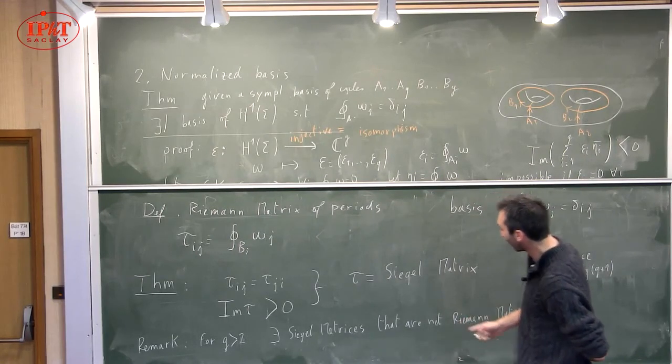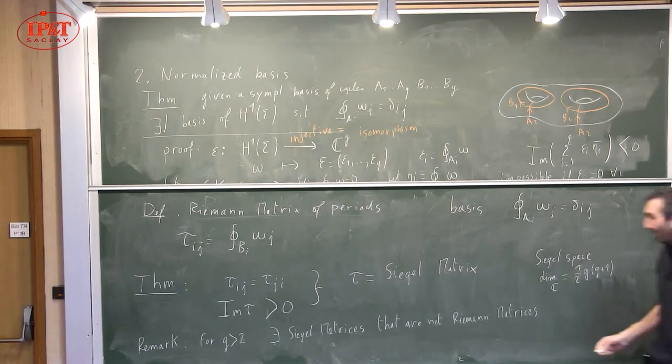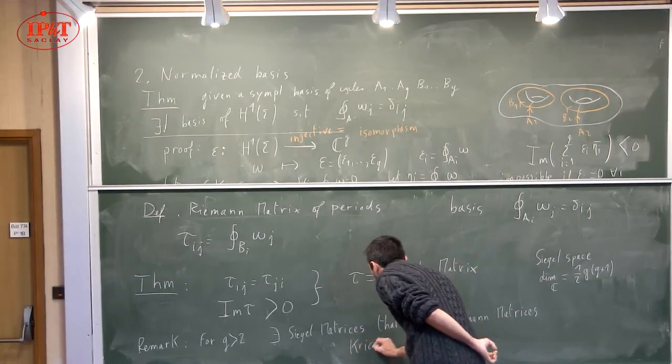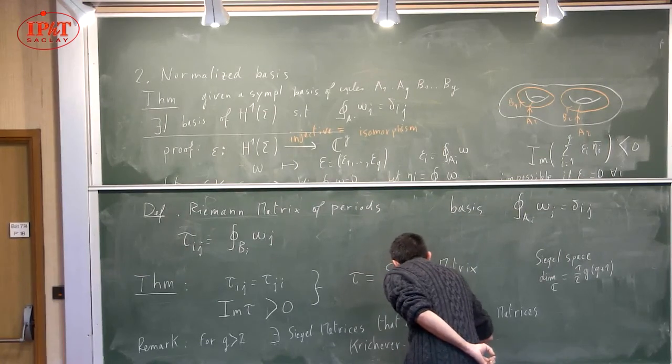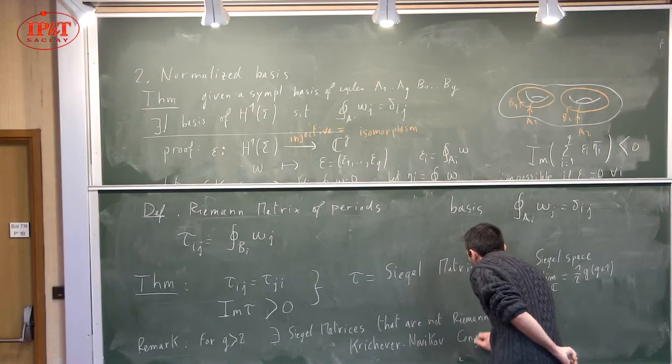A characterization of the subset of the Siegel space made of Riemann matrices is given by the Krichever-Novikov conjecture.